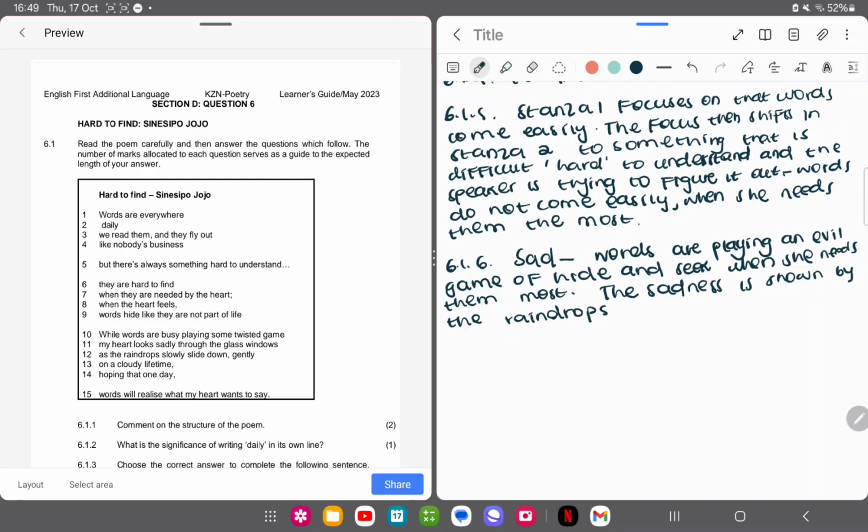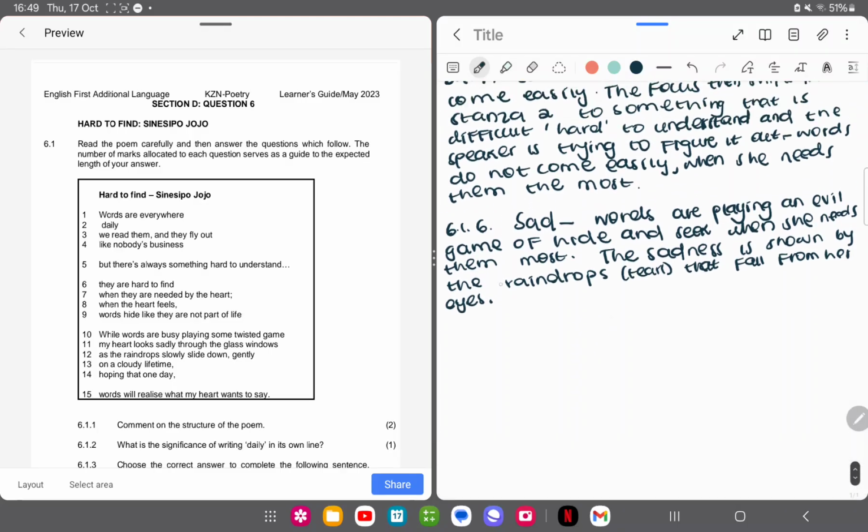Yes, it is shown by the raindrops, which represent tears that fall from her eyes.